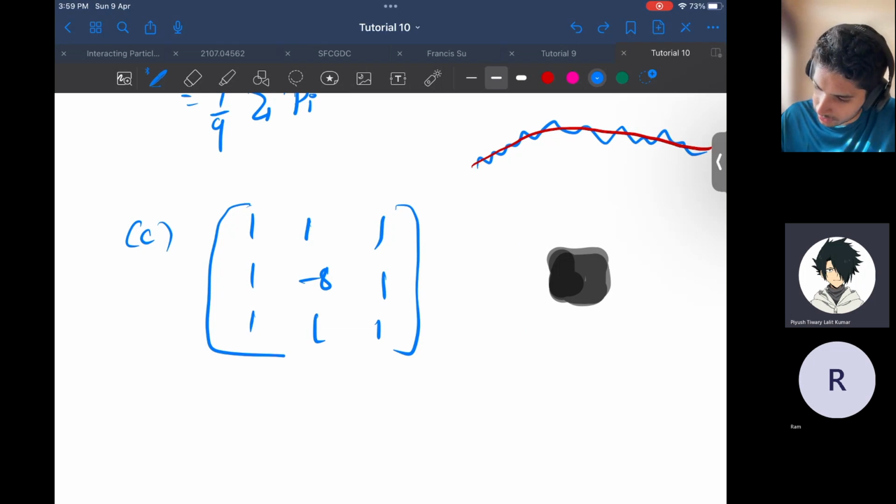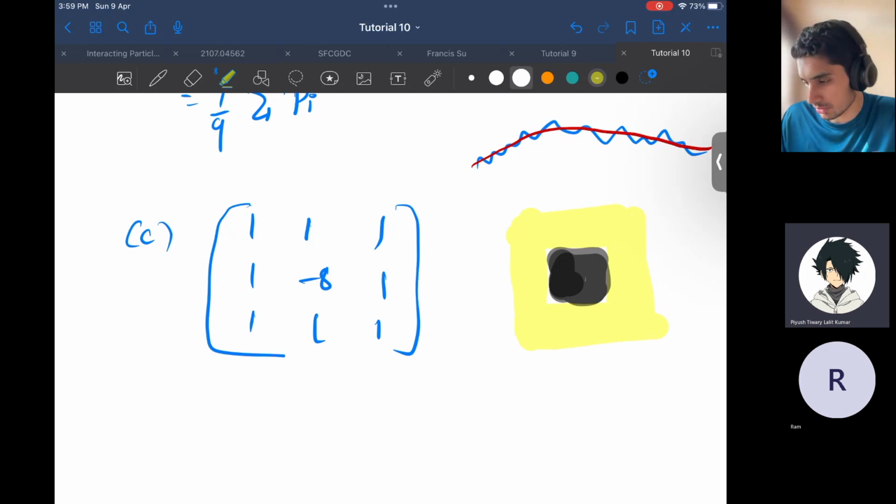On the boundary, however, it's all white. I'm representing it by yellow here because the background is already white.